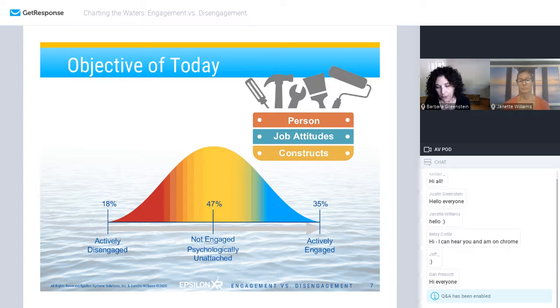Of course, these are estimates, but it does give us an idea of what we can expect of our own organizations. But the question is, why? I want to know, why are people psychologically unattached? So, Jeanette, can you speak to the psychological components and how they relate to the engagement constructs that we're going to be working with in our process today?